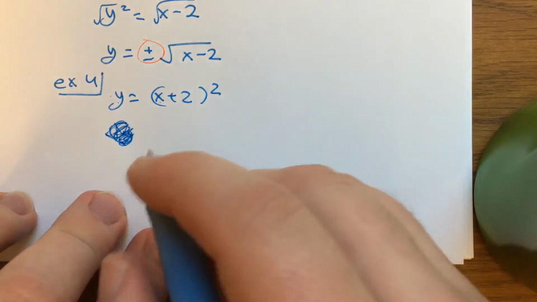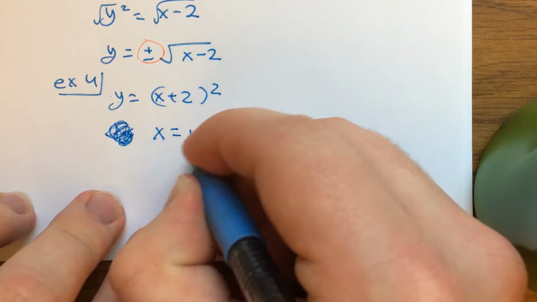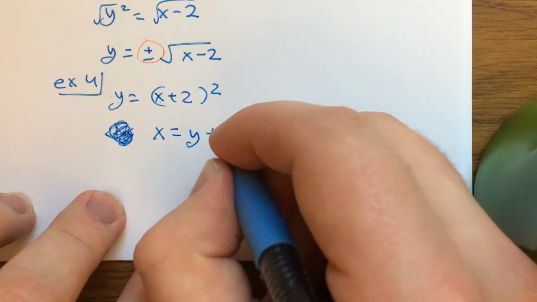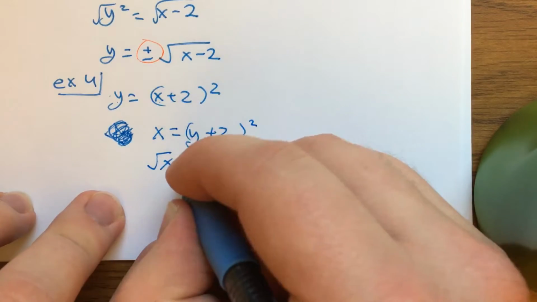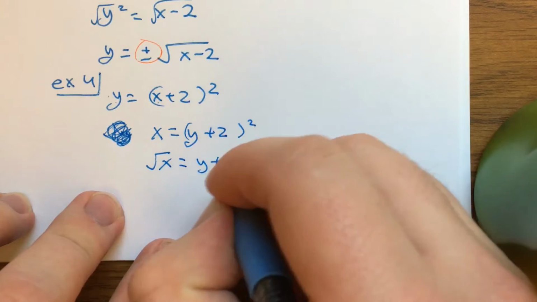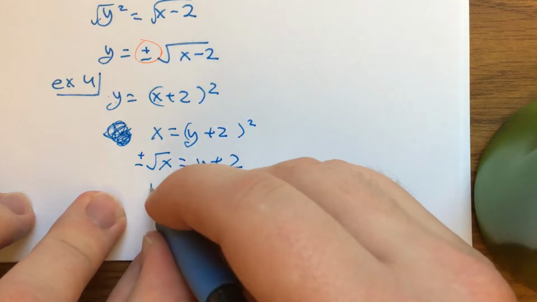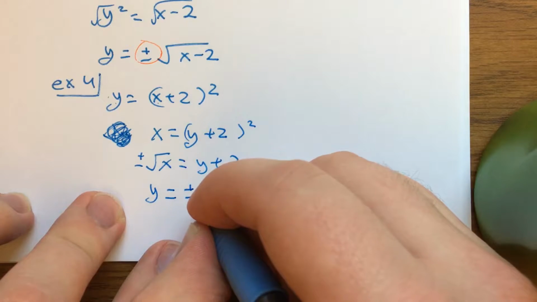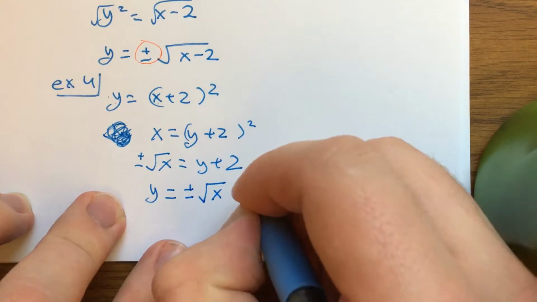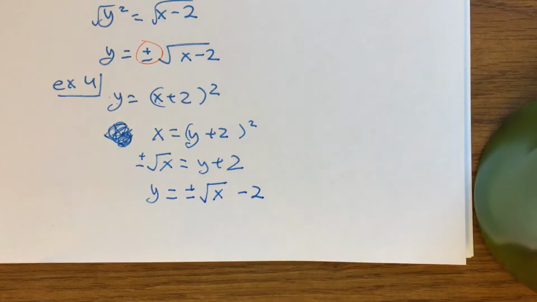That was just a test. x is equal to y plus 2 quantity squared. We're just going to take the square root of both sides, and we get y is equal to plus or minus the square root of x, minus 2.